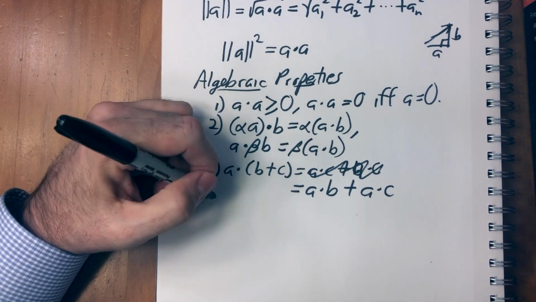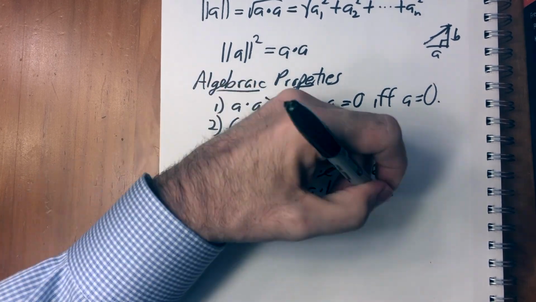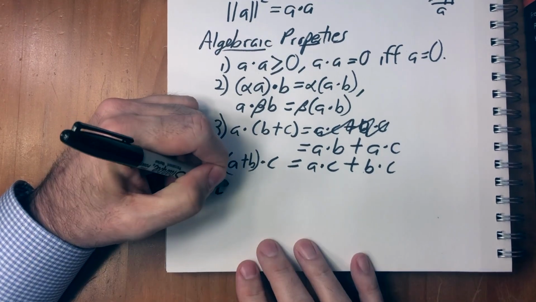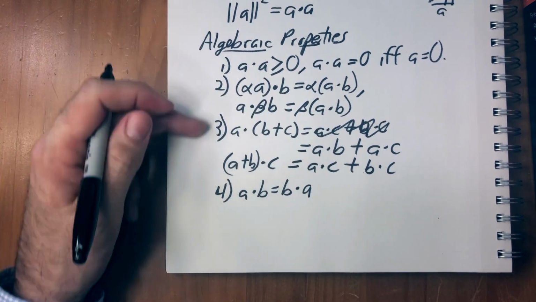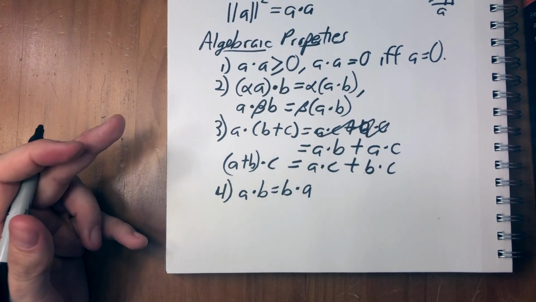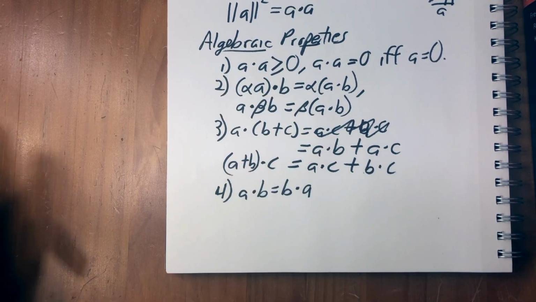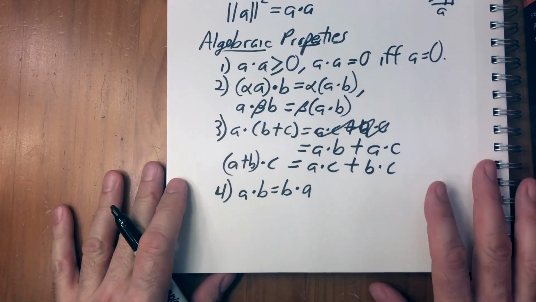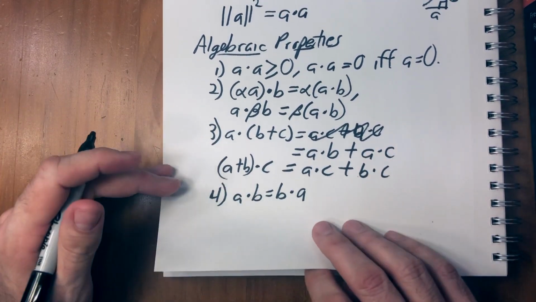So we can also have that (a plus b) dot c equals a dot c plus b dot c. Finally, it's commutative. So these are all algebraic properties of the dot product, basically, and the scalar multiplication and addition. They're all easy to prove, so I'm not going to bother here. If you want, ask me. We can go over it in another video at some point.